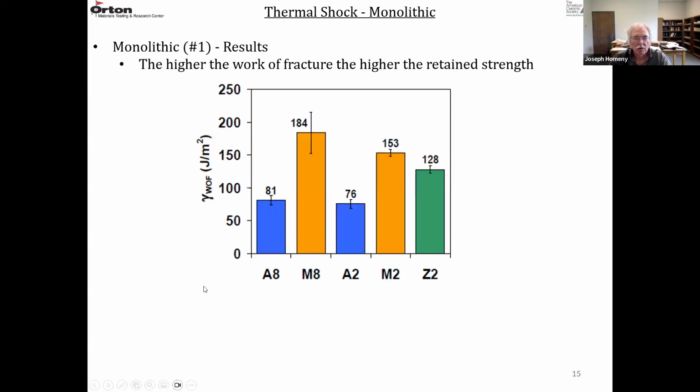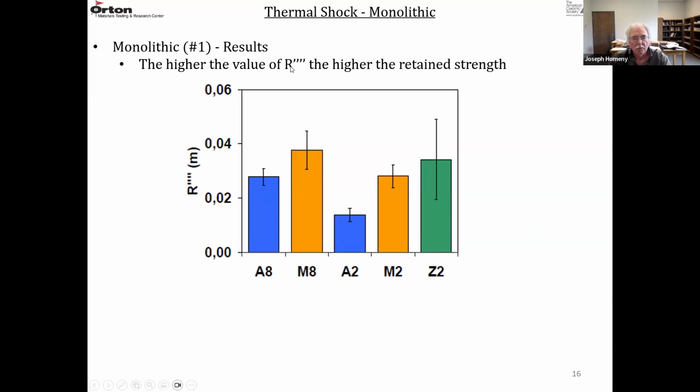They also measured work of fracture. The same 3 materials, M8, M2, and Z2, had the eutectic microstructures on the aggregates, and it has the highest work of fracture. So the higher the work of fracture, that correlated with the retained strength. So the highest work of fractures corresponded to the highest retained strengths.